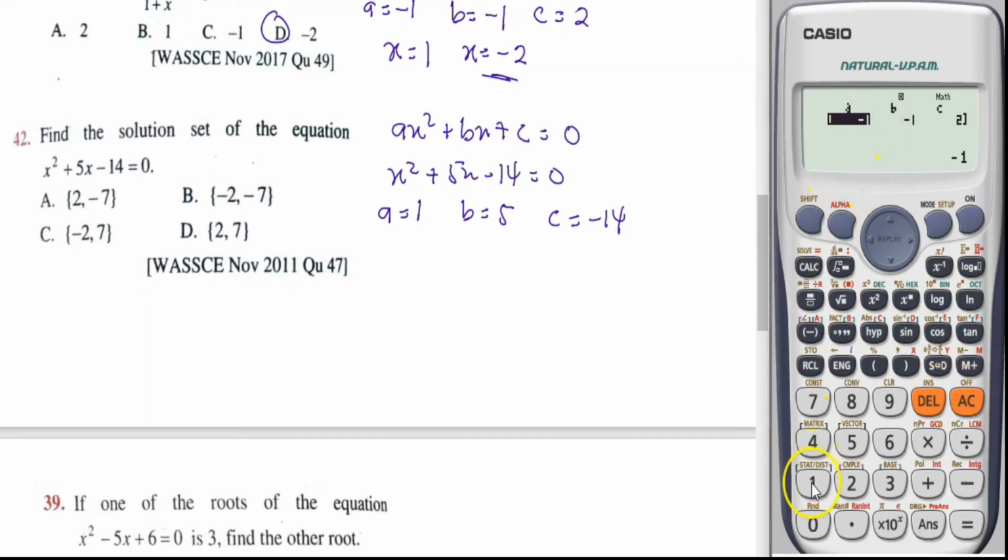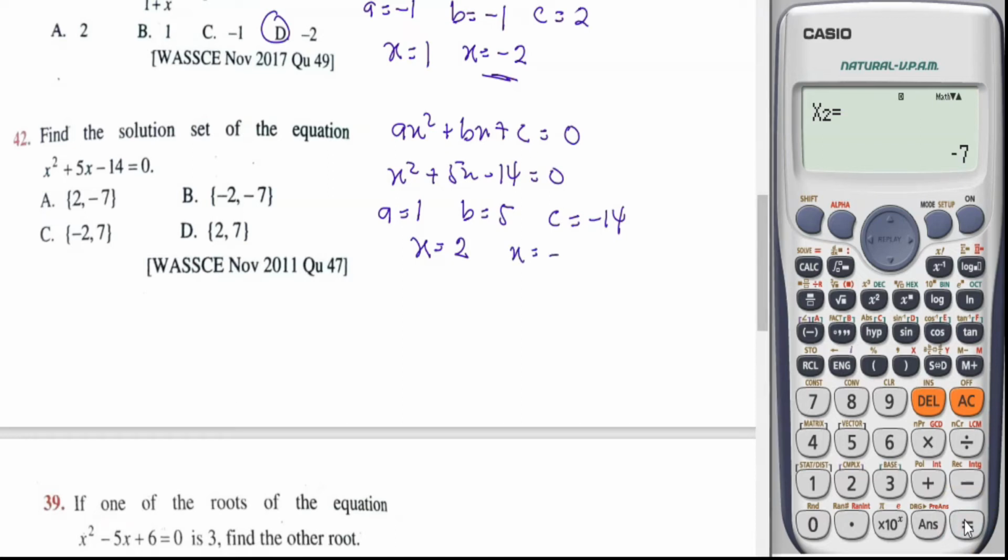So we have A value as 1, enter, B value as 5, then we enter again, then the C value is negative 14. So with negative 14, then we press enter button again. Then we are getting x equal to 2, and then again x is negative 7.